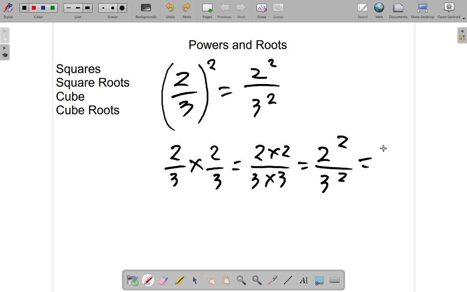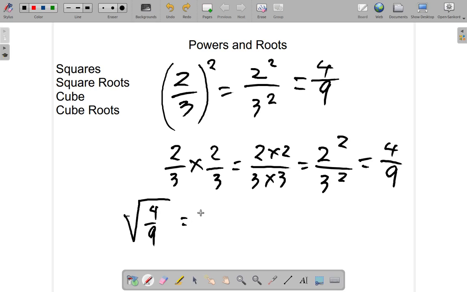So what you have is 4/9. So 2/3 squared is 4/9. The top squared over the bottom squared. So 2 squared is 4, 3 squared is 9. Good. Now what is the square root of 4/9?